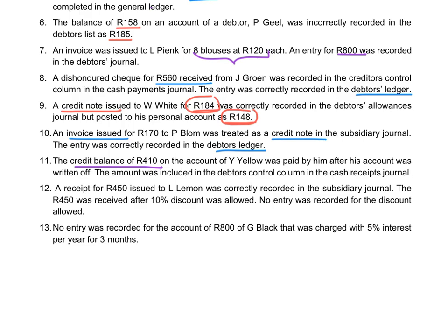The amount was included in the debtors control column in the cash receipts journal, so it means the column total was also incorrect, so we will have to correct this mistake in both places.